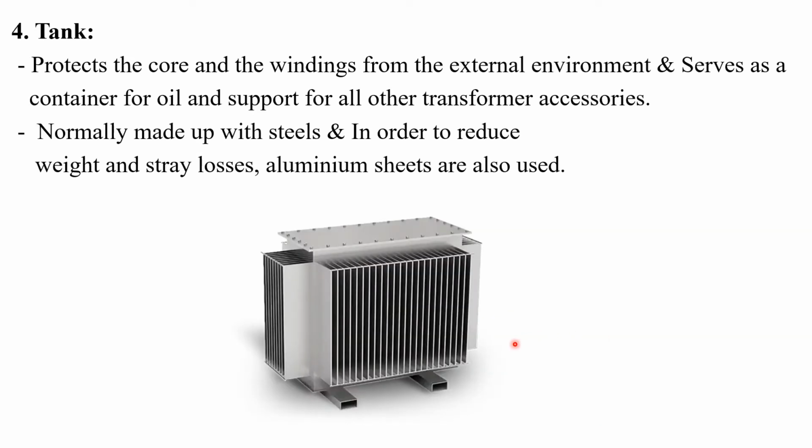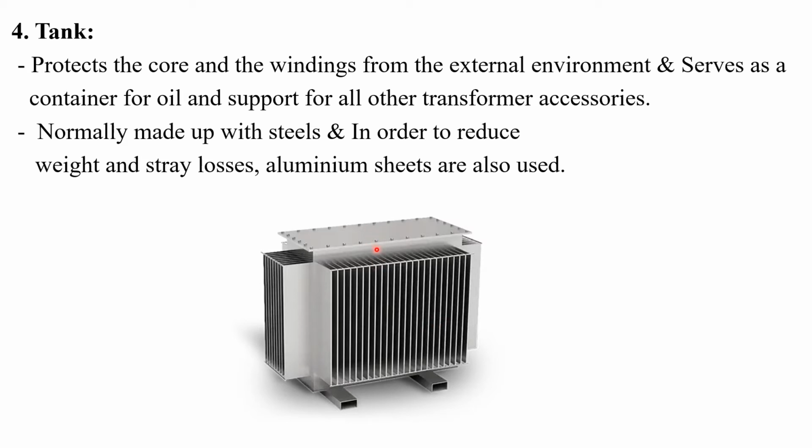Fourth important part of the transformer is the transformer tank. The main function of the transformer tank is to provide protection for the transformer core and windings. We know that core and windings are the major requirements of a transformer. The tank protects the core and windings from the external environment, and serves as the container for transformer oil.